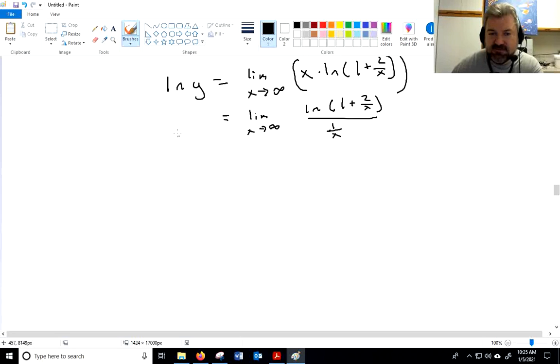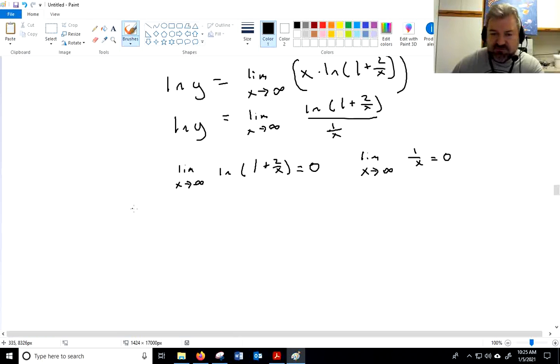Okay? Still got that natural log of y hanging out. Now I can see that the limit as x goes to infinity of the natural log of 1 plus 2 over x, well, that is equal to 0. And the limit as x goes to infinity of 1 over x is also 0.